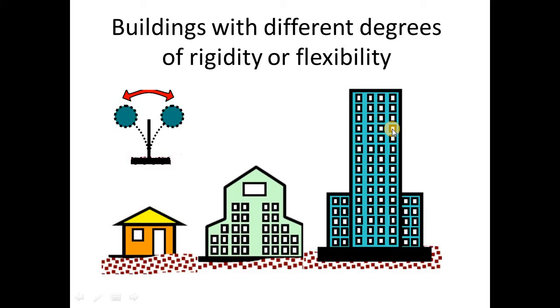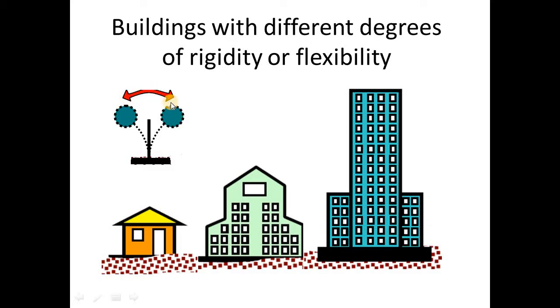And for the flexible one, the tallest one, when an earthquake hits, the natural response would be again swaying laterally from one side to the other side, but this time at lower speed. So the speed at which the most flexible building tends to sway from one side to the other would be very low.